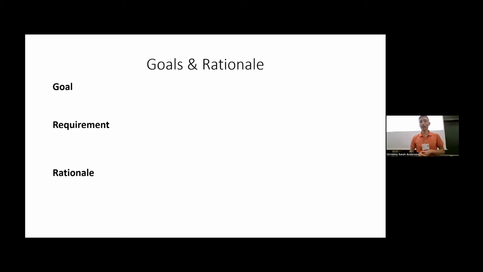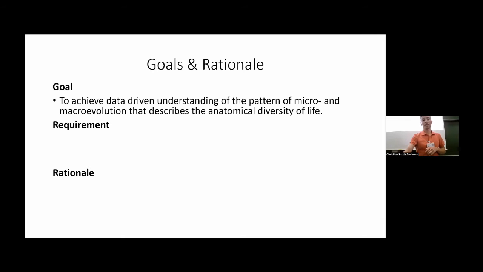But I think it's important to step back and think about what the goals of morphometrics generally are, at least in my understanding. Really, what we're looking for is a data-driven understanding of the pattern of micro and macro evolution that describes the anatomical diversity of life. I feel like that is ultimately what we want.